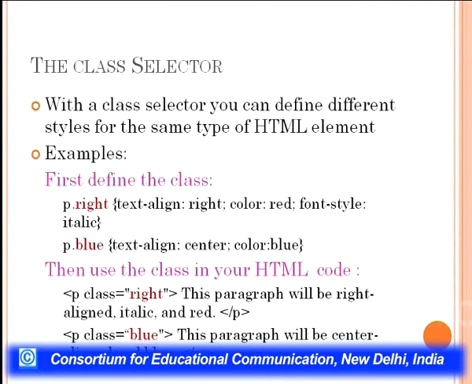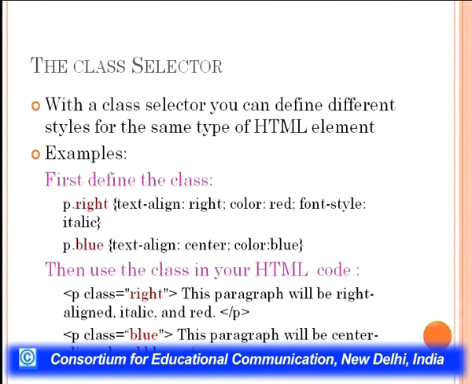So here you can see that with a class selector you can define different styles for the same type of HTML element. For example, we define the first class, that is P right. So the text is right aligned, color is red and font style is italic. And then you define another class P dot blue, and then you write text align is center, color is blue.